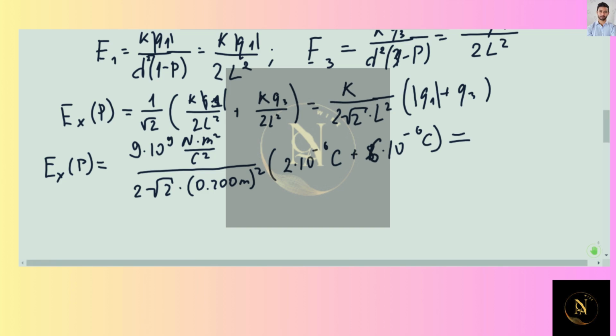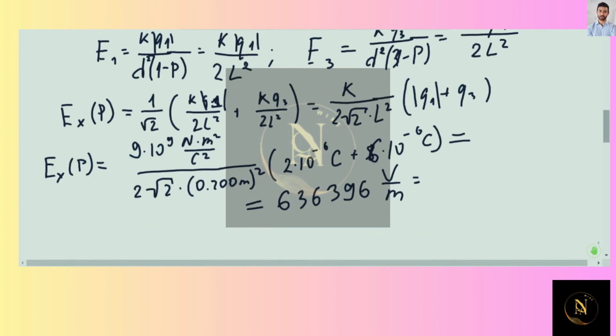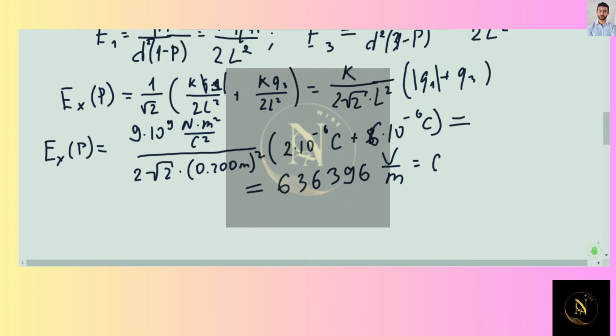So it equals the following number, in volts per meter, which equals roughly, we have to take 3 decimals because the charge and the distance have 3 decimals, 6.36 multiplied by 10 to the power of 5 volts per meter.